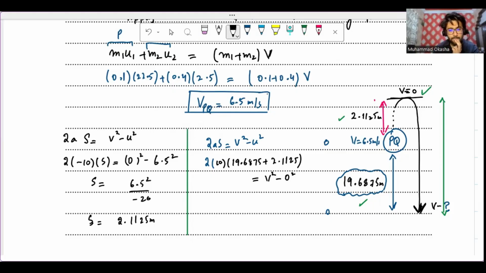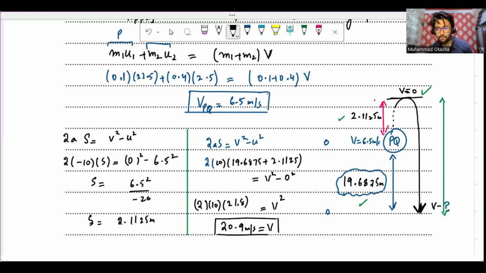Okay, so I'll just add both of them, and v squared would be equal to 2 times 10 times 21.8 when you add them, and once you multiply and square root, you're going to get 20.9 meters per second altogether. The speed at the bottom. So that is your answer.